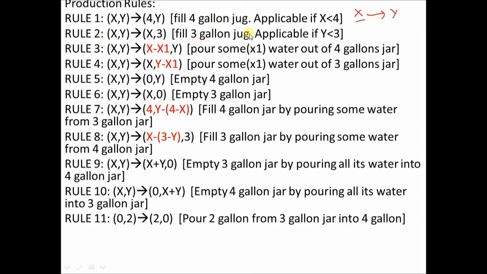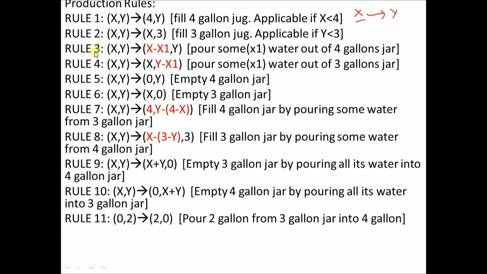Again, this rule is applicable only if the 3 gallon jar contains less than 3 gallons of water. So when I say X comma Y implies X comma 3, it means Y, that is the 3 gallon jar, is filled with 3 gallons of water.